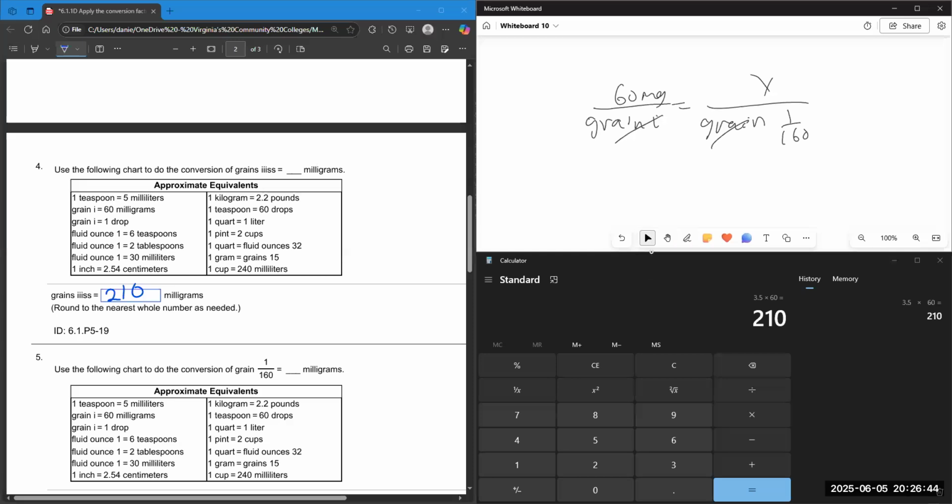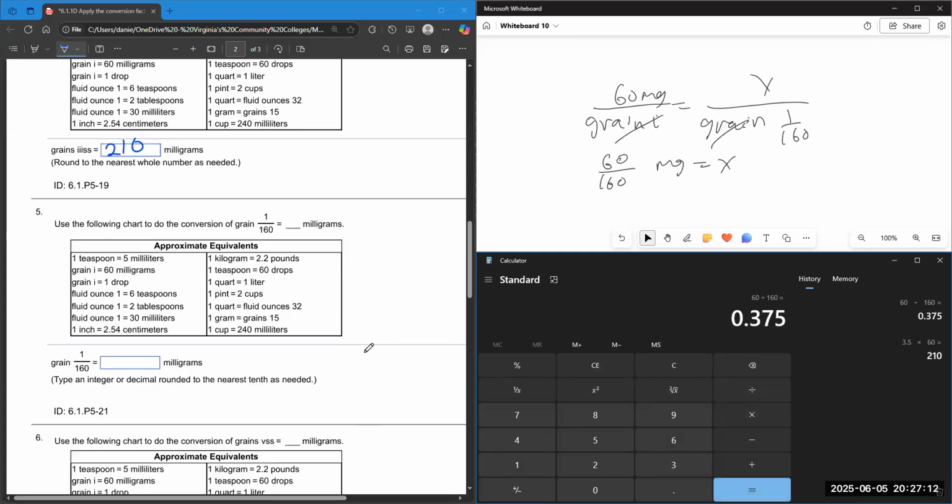Grains will cancel, and then 60 over 160 milligrams is X. And they tell us to round to the nearest tenth as needed. So 60 over 160 is 0.4 milligrams.